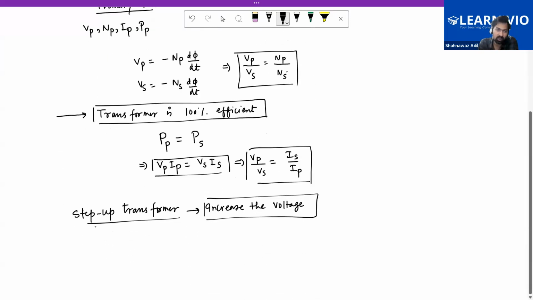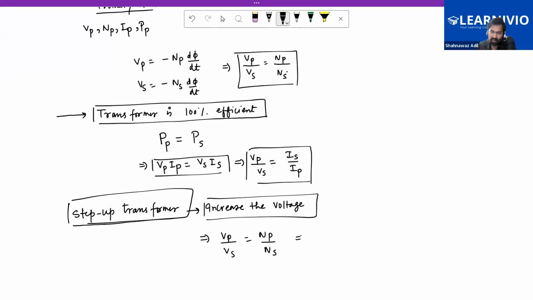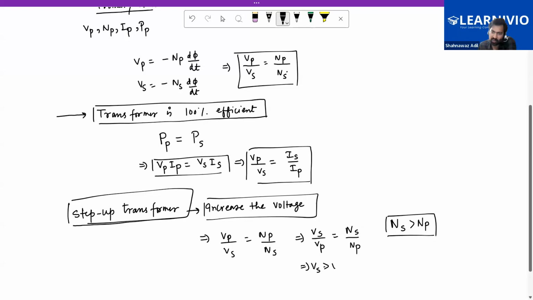We know that Vs by Vp equals Ns by Np. So if I increase the number of turns in the secondary coil compared to the primary coil, this ratio would be greater than 1, so Vs would be greater than Vp.